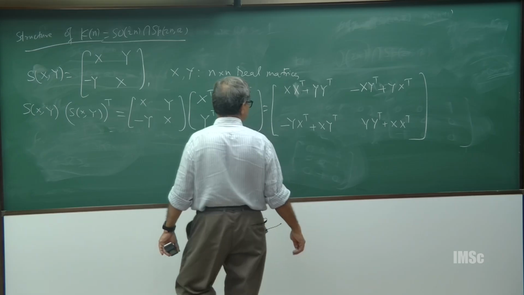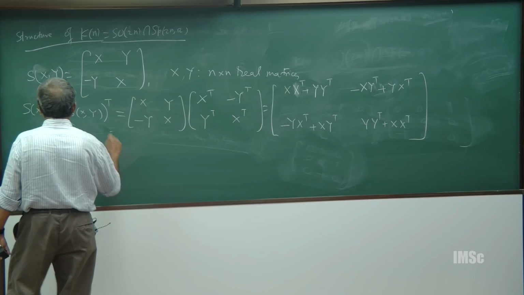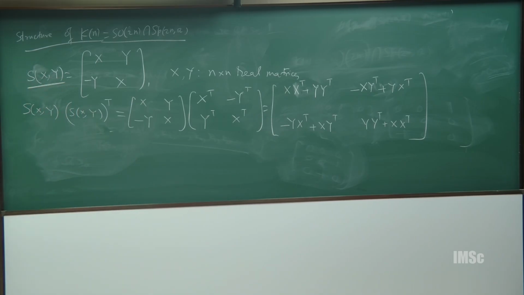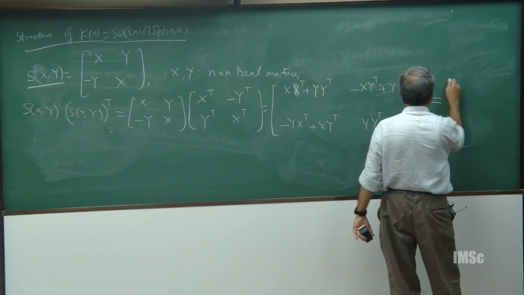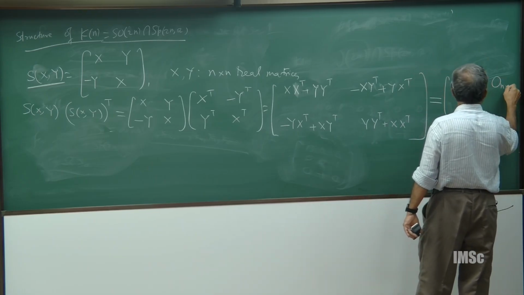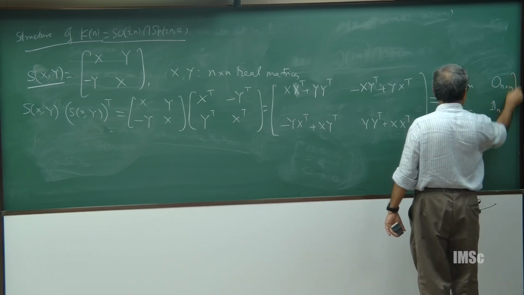So, what I want is this matrix should be orthogonal, because I want it to be an element of SO(2n). I also want it to be an element of Sp(2n, R), but let me first demand this to be an element of SO(2n). So, then this has to be equal to identity, this is n by n, this is 0 n by n, this is 0 n by n, this is identity n by n.